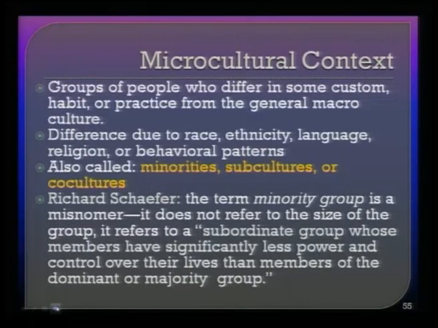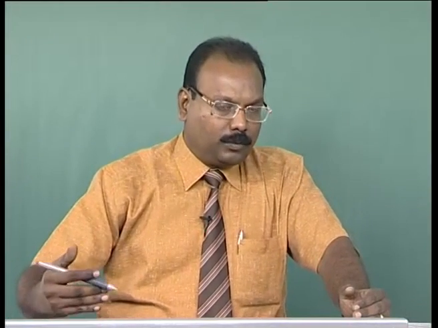Now, the difference can be due to race. For instance, if you look at the United States of America, and if you consider the Americans as the descendants from Europe, the subgroup will be the Afro-Americans in terms of race.